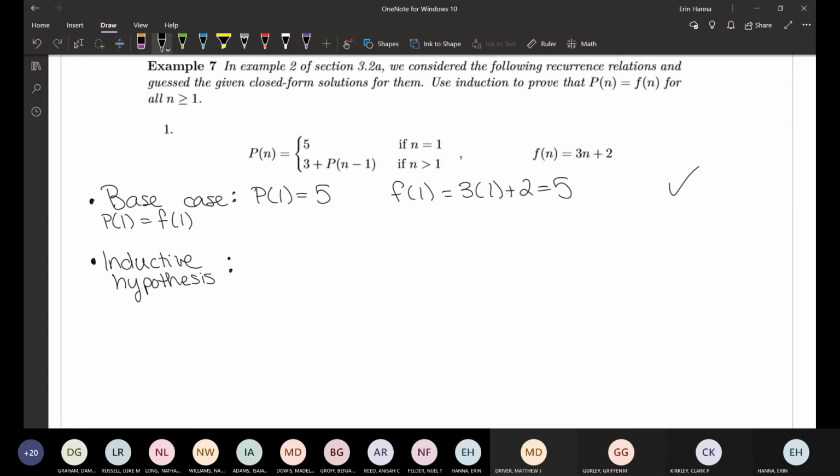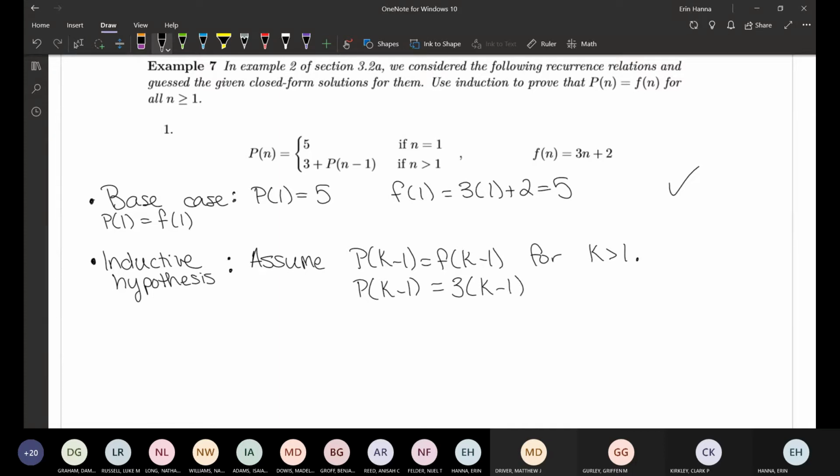And this is essentially where we say, assume that P of k minus 1 equals F of k minus 1 for k greater than 1. That's just like the generic statement that you kind of always need to have. But let's also remind ourselves what that would actually mean in terms of that function. So P of k minus 1 would then be equal to 3 times k minus 1 plus 2.